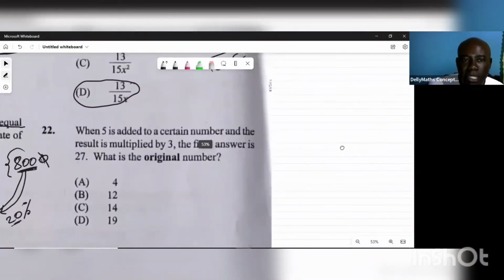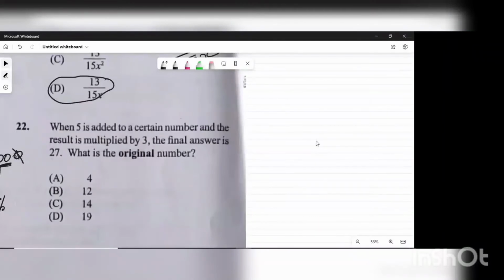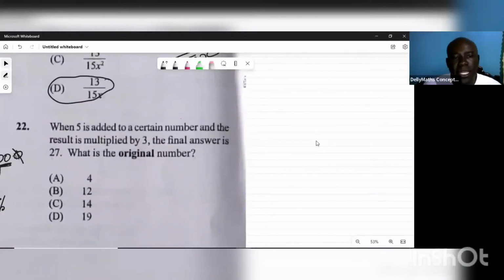Still not get added, Miss Lopez. It says when 5 is added to a certain number and the result is multiplied by 3, the final answer is 27. What is the original number? Well, you could just write down this. So let us call this number Q, right?